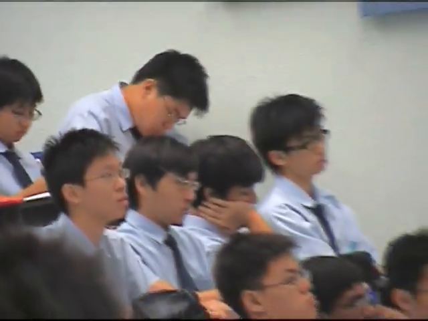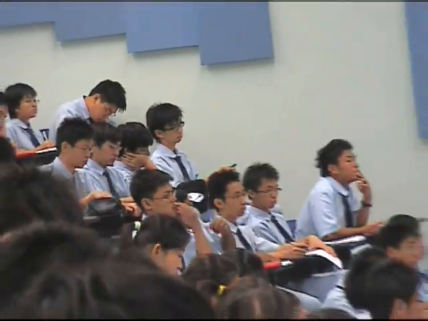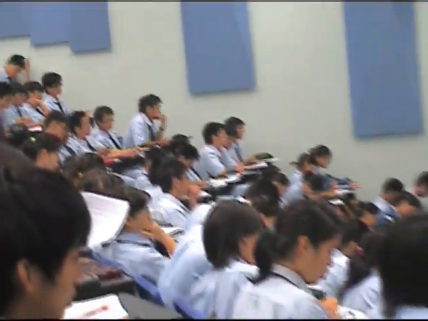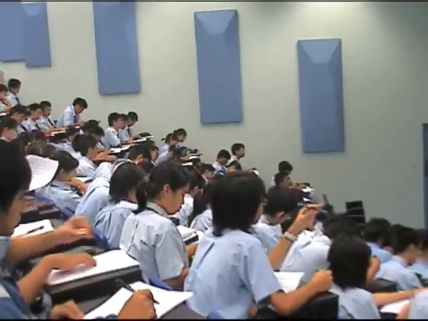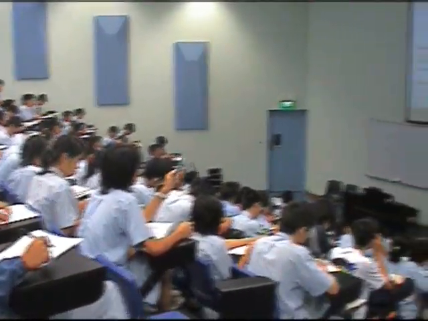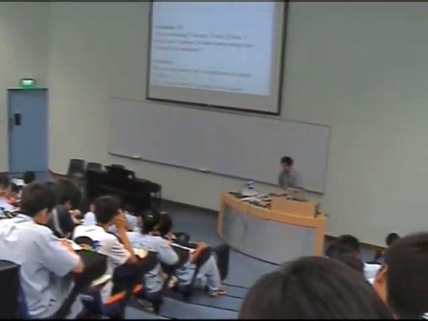Okay, now the more complicated one. 2 are the same color and 1 is a different color. Now how many ways? You can have either 2 red and something else, or 2 blue and something else. Can you understand?